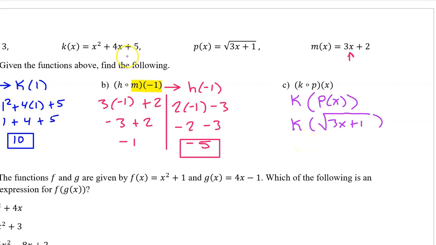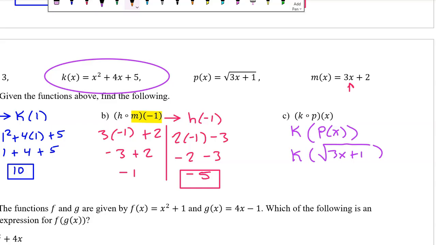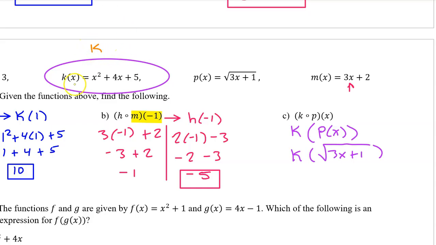But k is this mess right here. Let's do a quick smiley face analysis, shall we? Since k of x is equal to this expression, k at smiley face is going to equal smiley face squared plus 4 times smiley face plus 5.